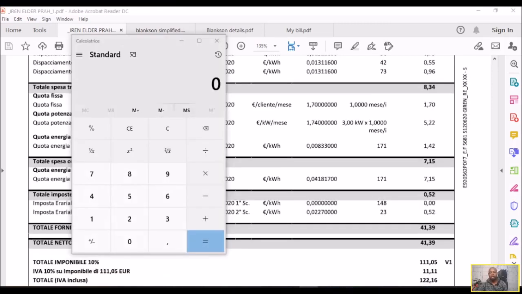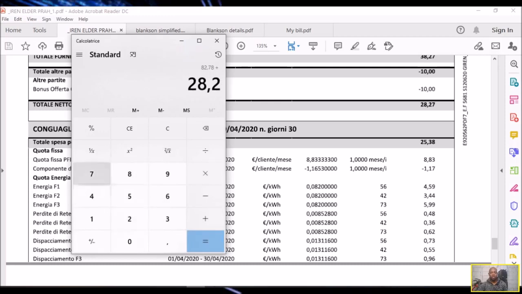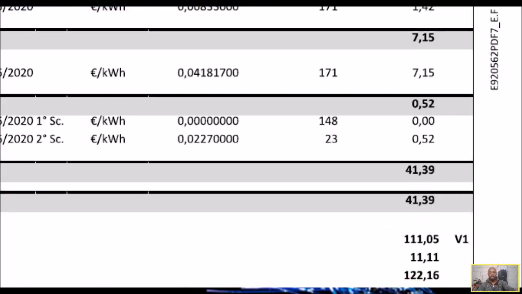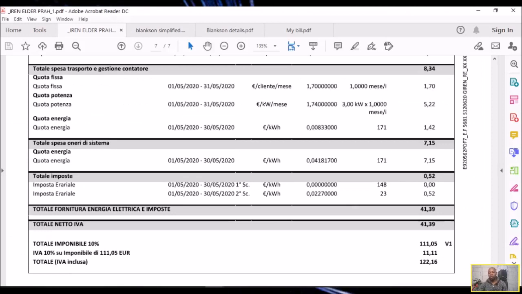So like I was saying, since another month was assumed and calculated together, 41.39 becomes times 2, plus 28.27, and then they work out the tax of 10%, which is €11.11. Add it to it, and you get a total of 122.16. So this is actually the bill the person is paying for 3 months. So yeah, that is all for this bill.